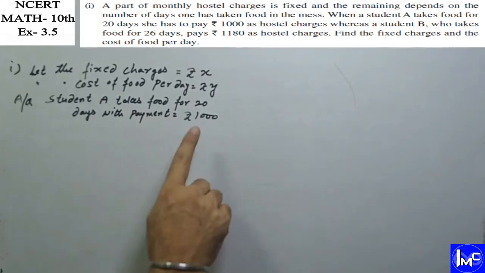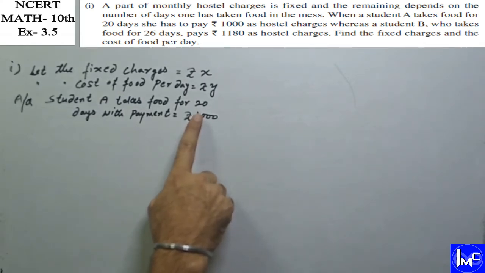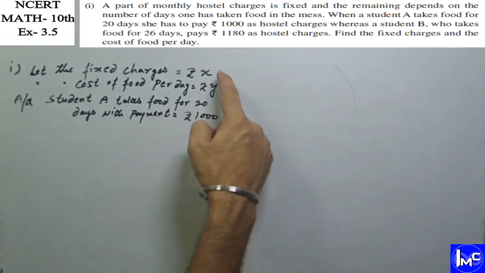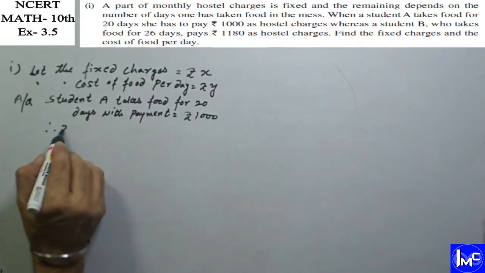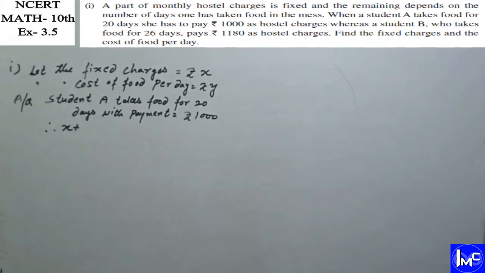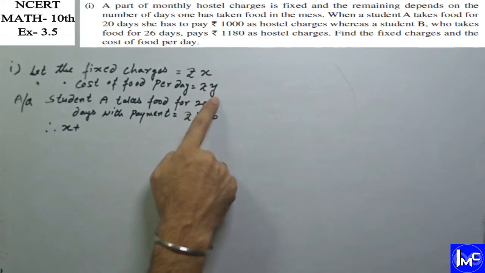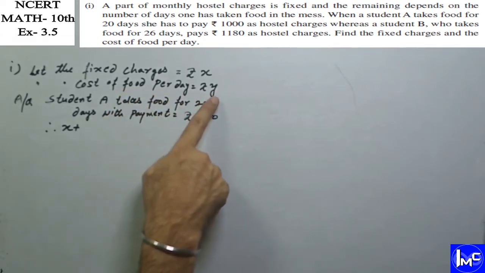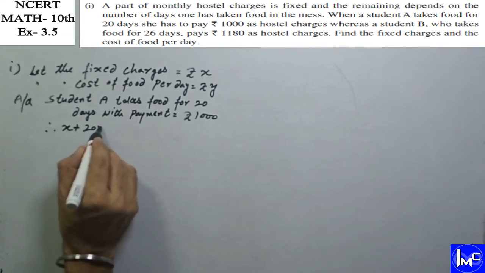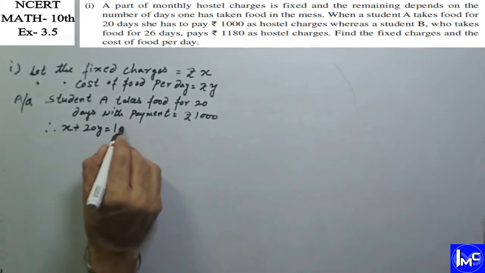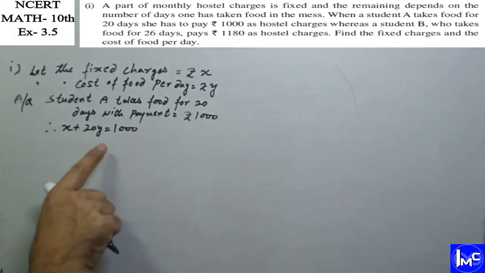Now she pays rupees 1000 for 20 days. If we go to our assumptions, this is the fixed charges. It will be fixed in any form of the fees, and this cost depends upon the student's number of days living in the hostel with food, and the cost of one day is rupees y, so the cost for 20 days will be 20y, and the total cost will be 1000. So this will make our first equation.